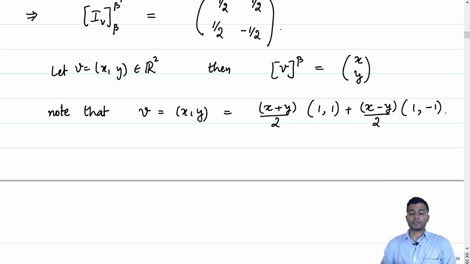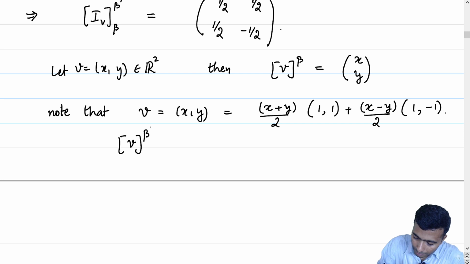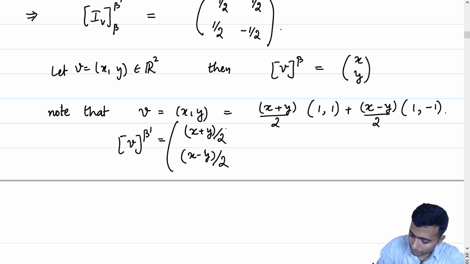Yes, this is what our (x, y) is with respect to (1, 1), (1, -1). So, V beta prime is ((x plus y)/2, (x minus y)/2), isn't it?